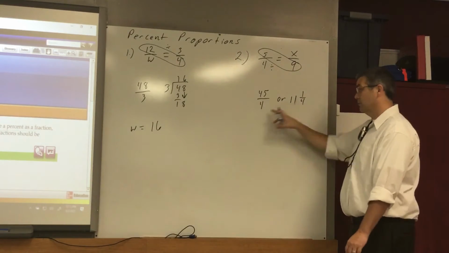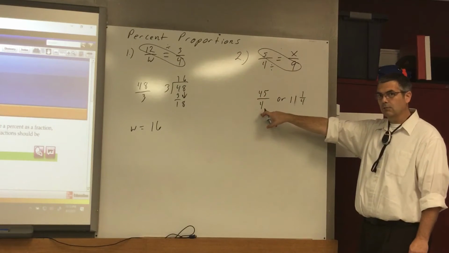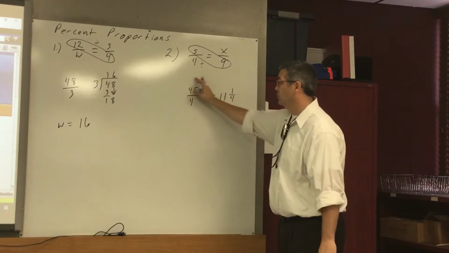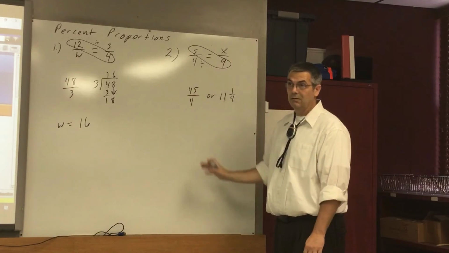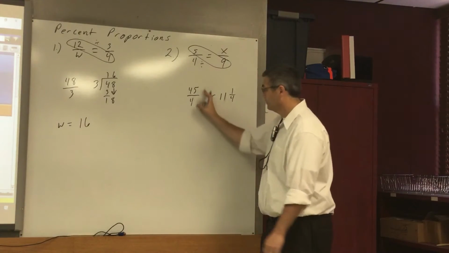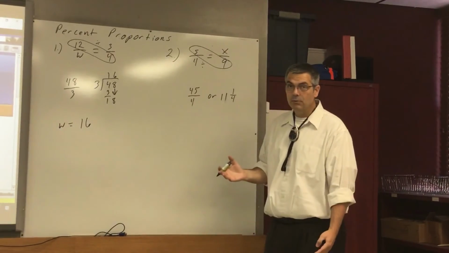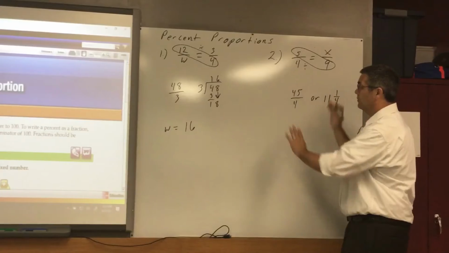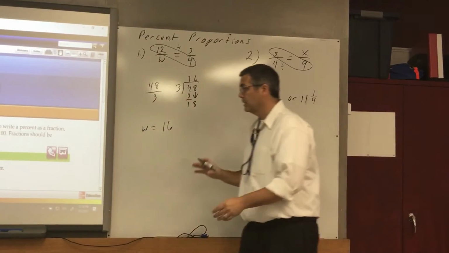Guys, this is why I leave it like this. That's one of the reasons, 45 over 4. The other reason is this is the usable version of this number in the algebra that we're going to be using. So that's the quick how-to on working proportions, really not that big a deal.